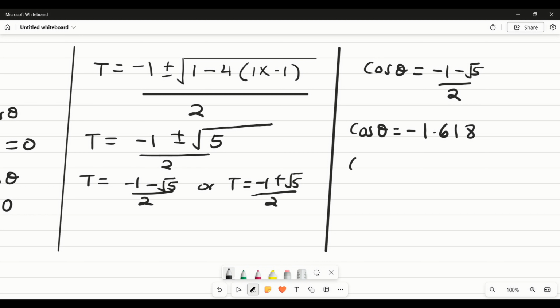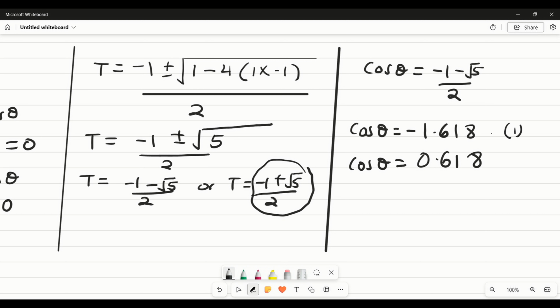Or you can have cos theta equals negative 1 plus root 5 over 2, which gives 0.618.